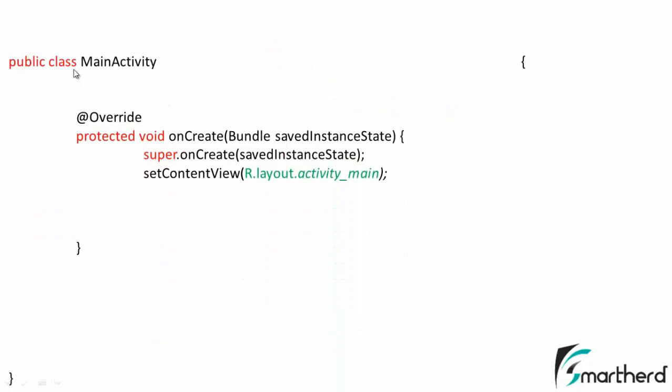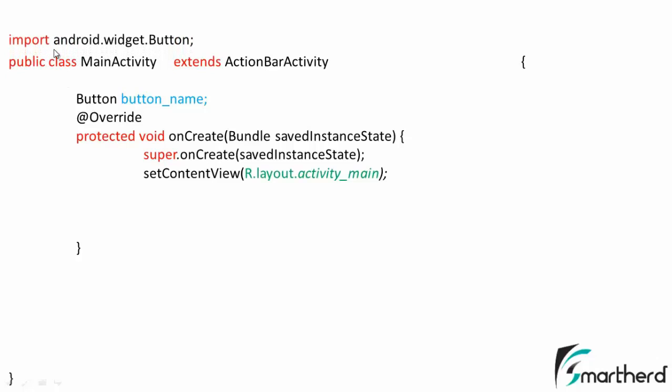This is our basic structure: public class MainActivity, which extends ActionBarActivity, and inside this class we have the onCreate(Bundle). Right now let us initialize our Button button_name. If you import the Button widget in your main activity, you have to import the package android.widget.Button.